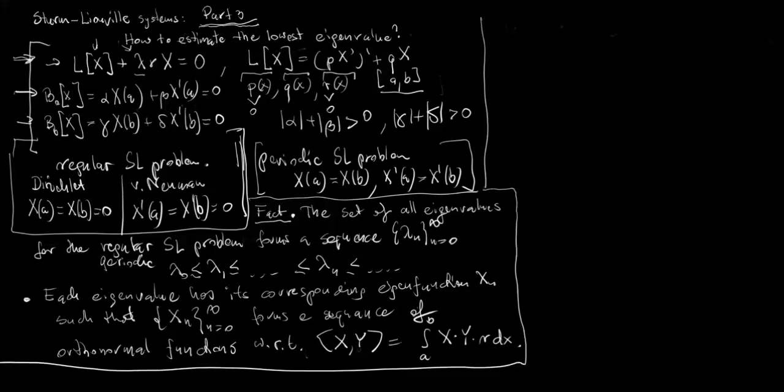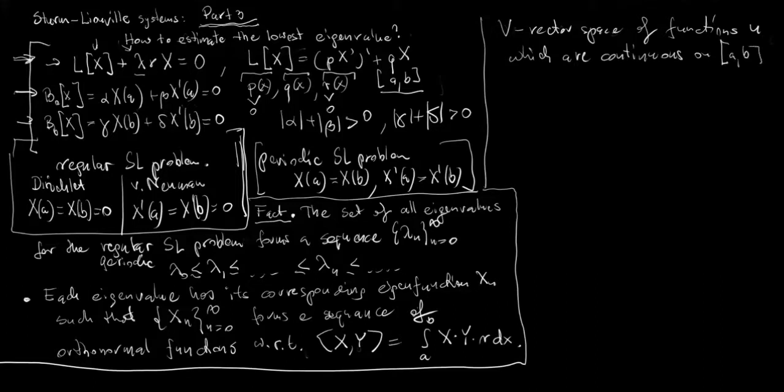So now let us consider V to be a vector space of functions u which are continuous on the interval a b and such that they satisfy the boundary conditions similar to the regular problem.